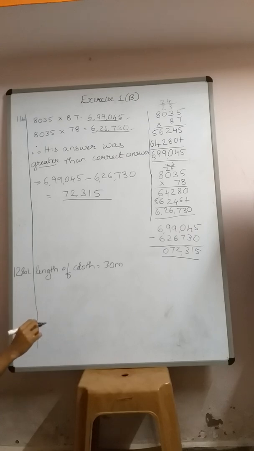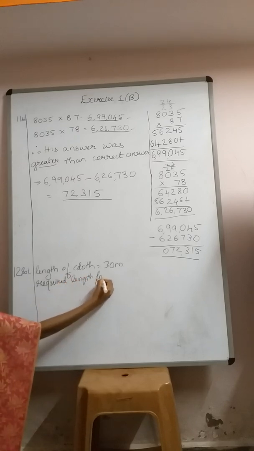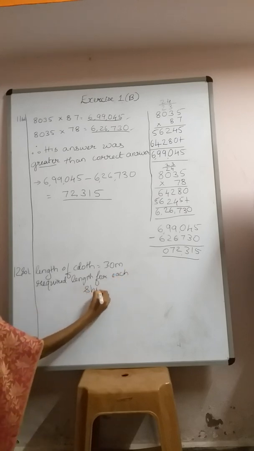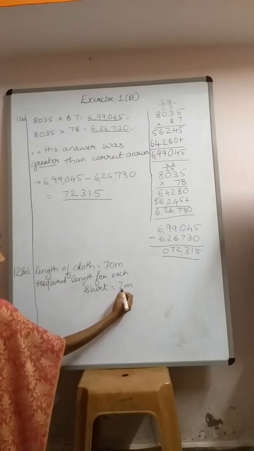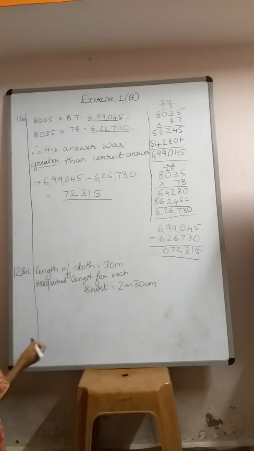So required length for each shirt. So how much length she requires for each shirt? Let us write, required length for each shirt. How much? 2 meter 30 centimeter.